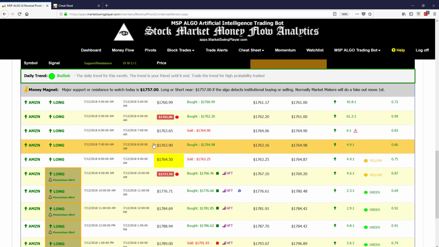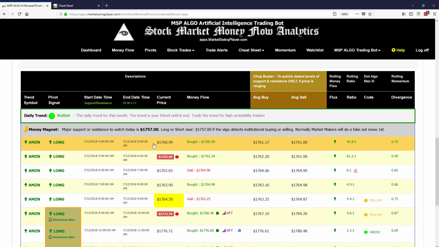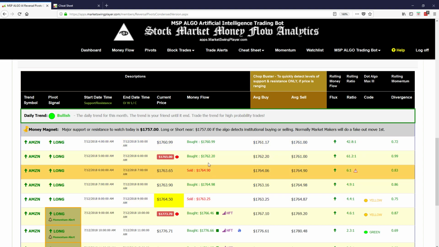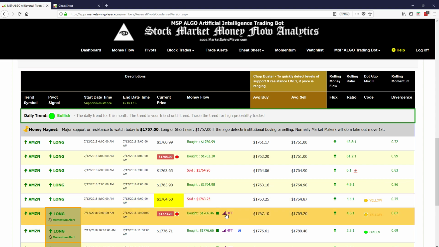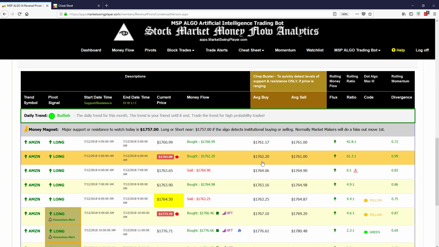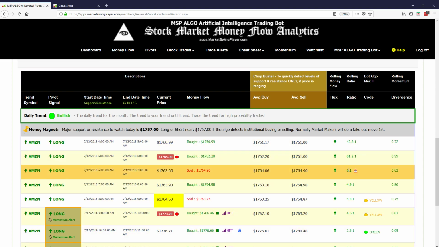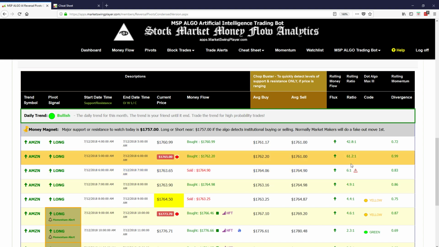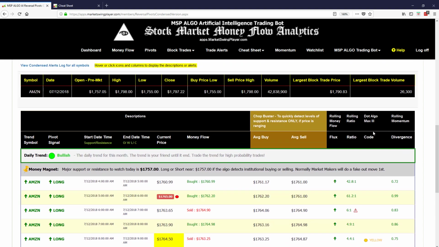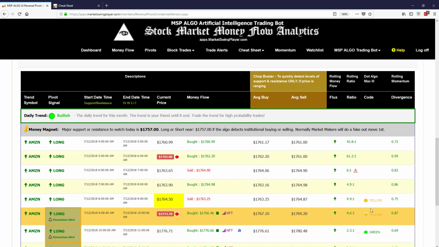So basically, we discussed already how to read this application, the trading bot. The columns it has are the trade symbol, pivot signal, start date, time, current price, money flow, and a little information alerts here like the block trade, HFT, fire alert, average buy sell, money flow, the buying, selling, etc. And then here we also have our .algo max 3 indicators as well.